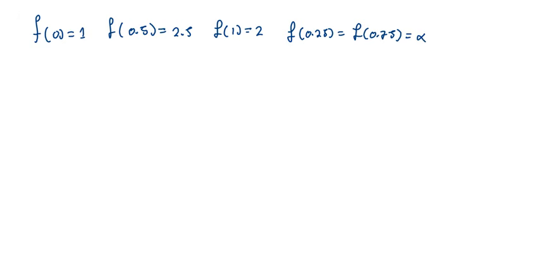We have to find this alpha such that when we use the composite trapezoidal rule with n equal to 4, we are going to get 1.75. We are given the definite integral from 0 to 1 of f of x dx.